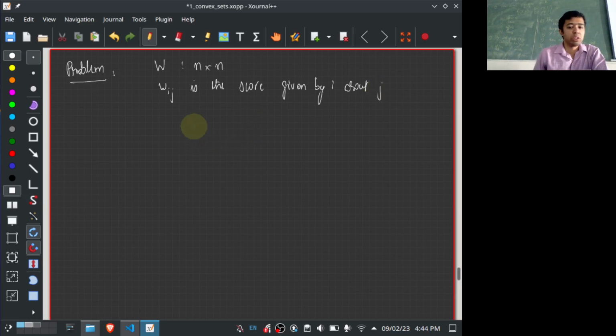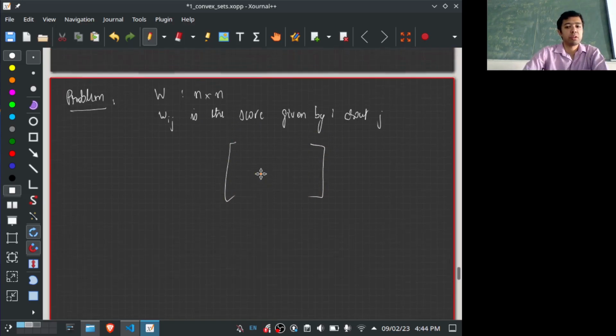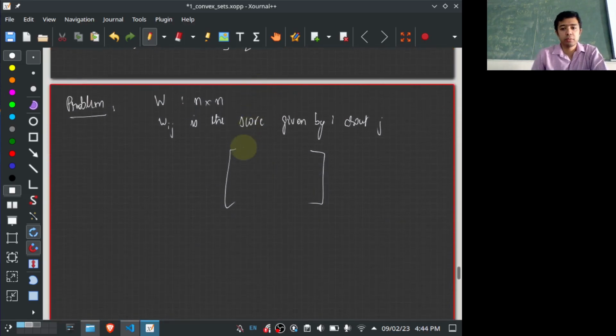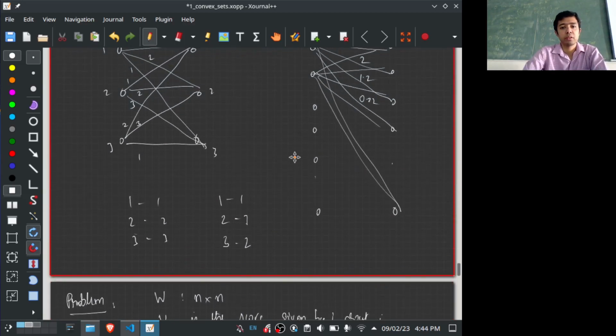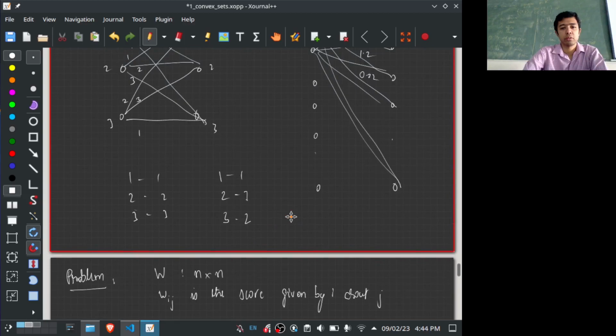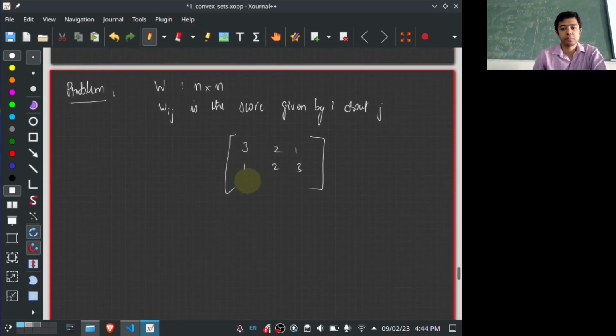Okay, so in that particular 3 by 3 example, the weight matrix would be 3, 2, 1; 1, 3, 2; 3, 1. Correct? So this would be my weight matrix. So this is specified to you.